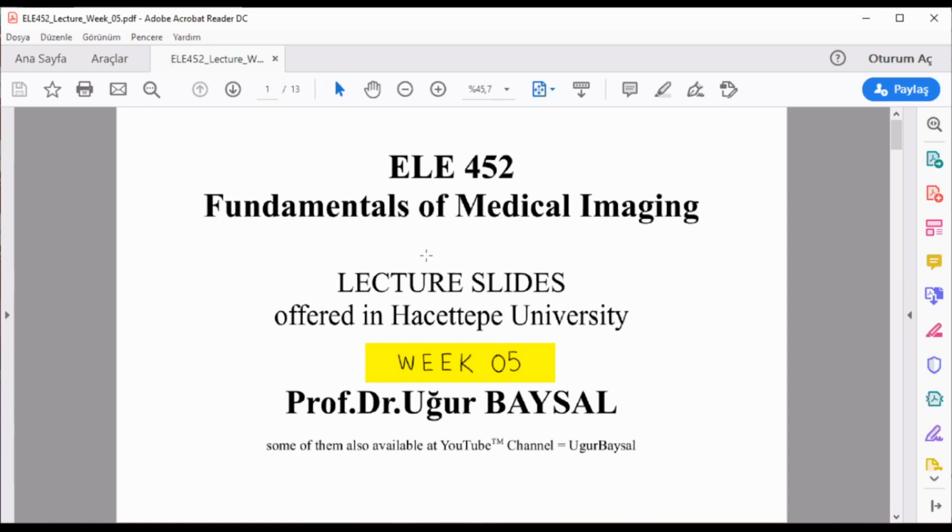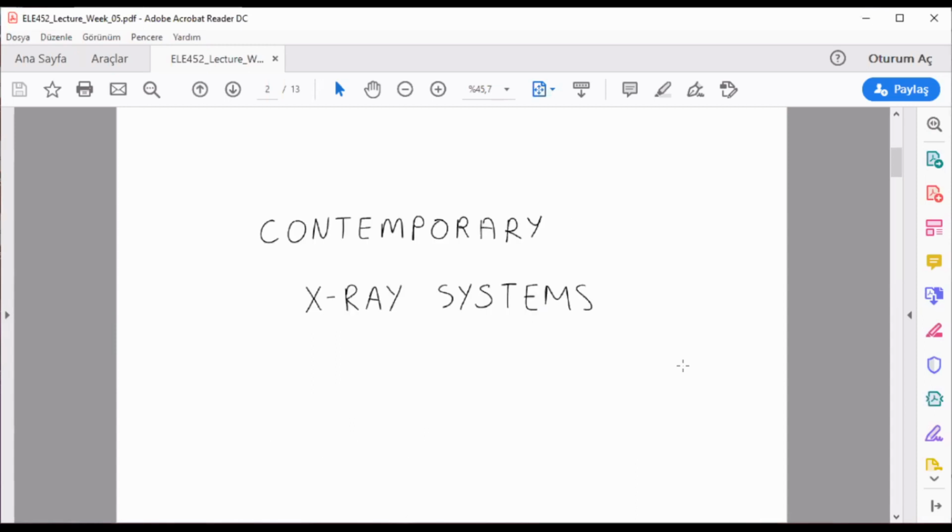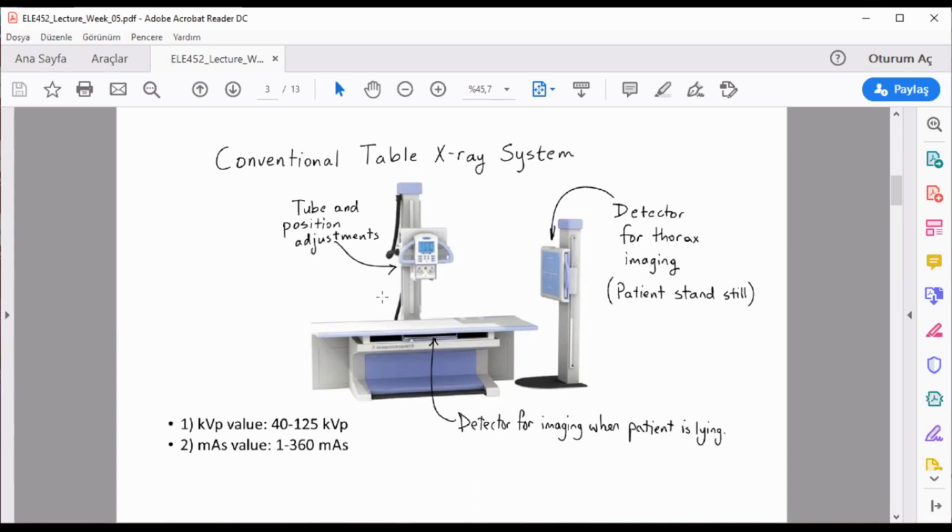Okay, let's continue. Week number 5, which is a kind of collection of X-ray systems which can be found in today's clinical environments. So this is the first kind, which is a conventional X-ray system. It's called table X-ray system.